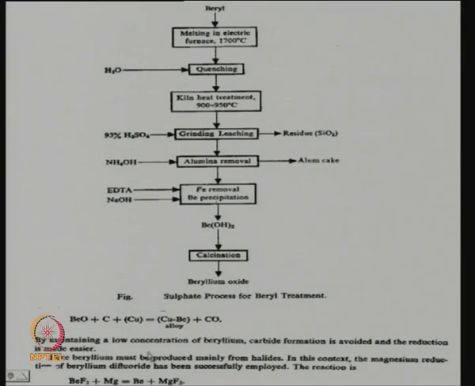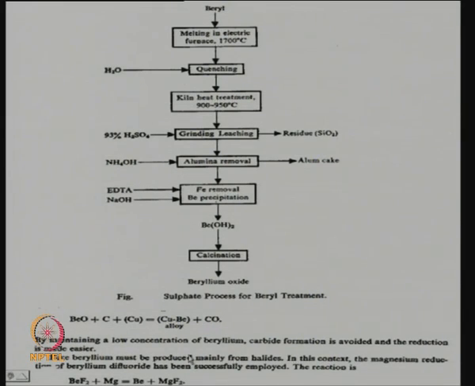So, we want to go again to the halide route. Pure beryllium must be produced mainly from halides. In this context, magnesium reduction of beryllium difluoride has been successfully employed. The reaction is BeF2 plus Mg gives Be plus MgF2.